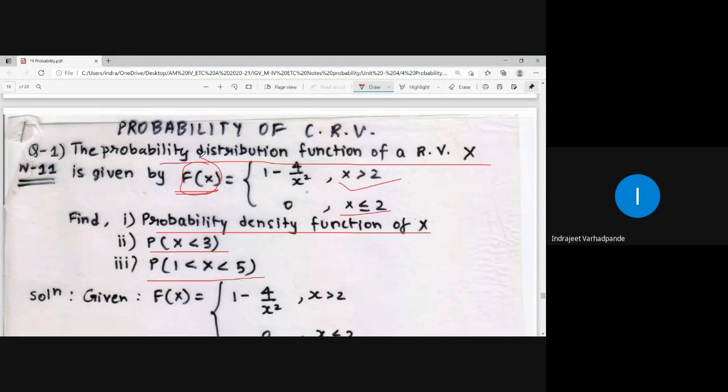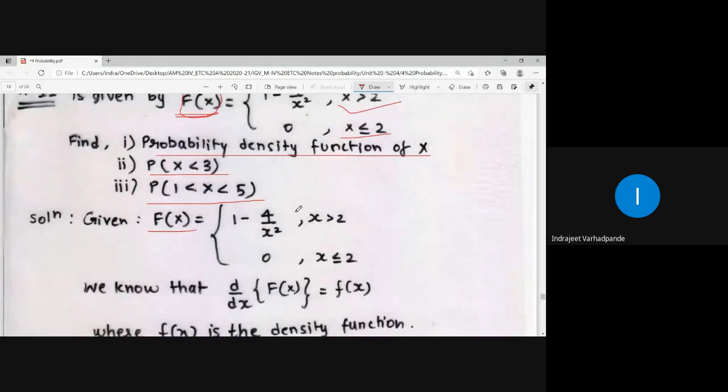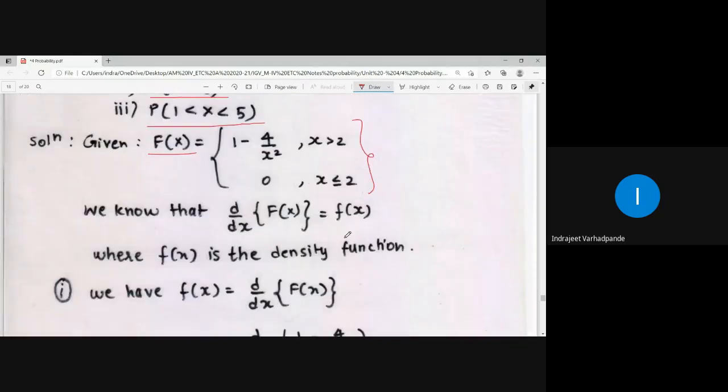How do you calculate the density function? By differentiating the distribution function, we get the density function. This rule is common everywhere. So this is your capital F of x given for the range. I differentiate this capital F of x to get the small f of x, which is called the density function.